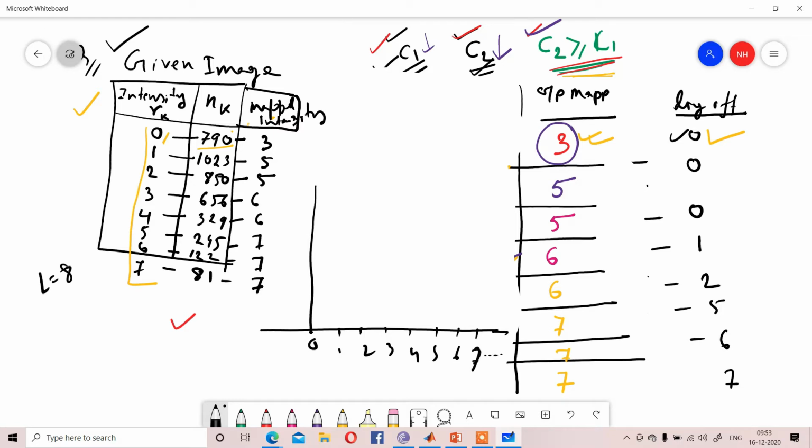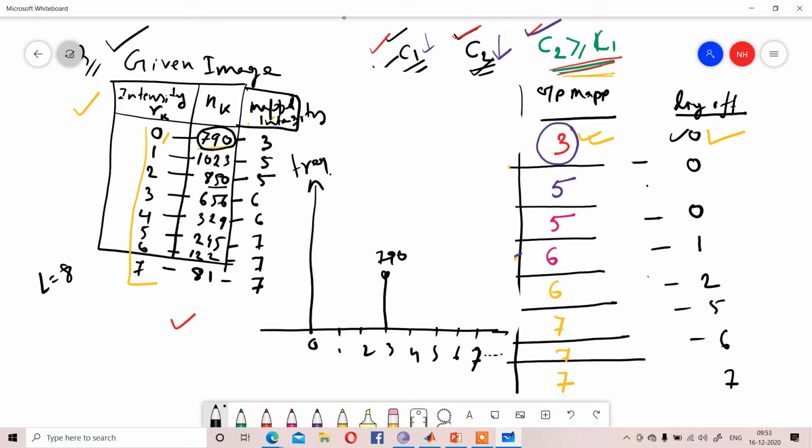As I have data from 0 to 7, so I am writing that. See, 3. How many number of 3 you have? Frequency for 3 you have 790. That is the frequency for 3. So for 3 you will have 790. For 5 you have 1023, and also for 5 you have 850.